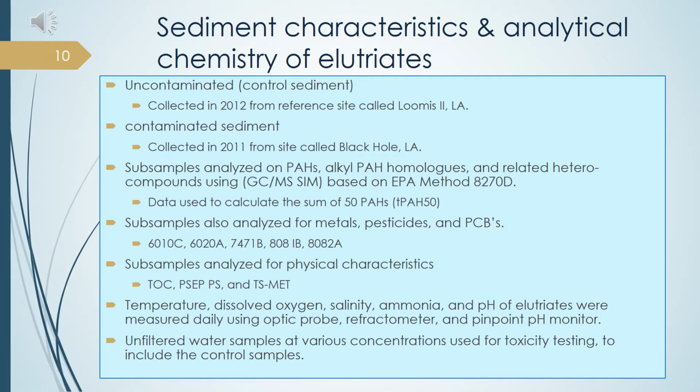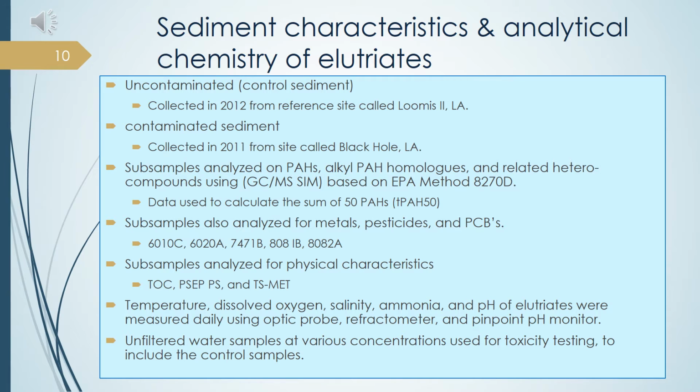Subsamples for metals using EPA method 6010C for metals and 6020A for antimony and silver, and then 7471B for mercury, and then the 8081B for pesticides, the 8082A for polychlorinated biphenyls, which you know as PCBs. And they also analyzed for total organic carbon, and then particle size and total solids were also analyzed.